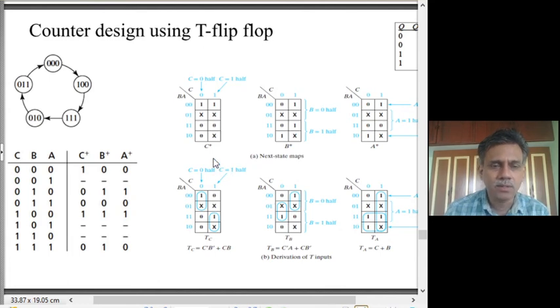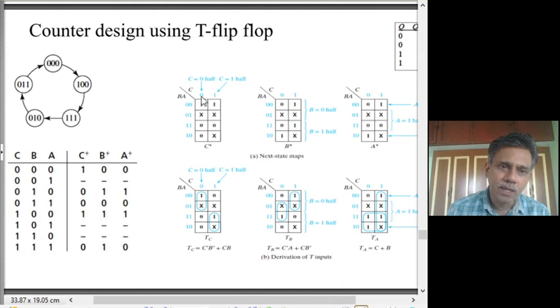For that, look at this K-map of C plus. Here C spans the horizontal axis, AB spans the vertical axis. For the first column C is equal to 0, for the second column C is equal to 1. So we can split this K-map into 2 sub K-maps. One we call the C is equal to 0 half, another the C is equal to 1 half.